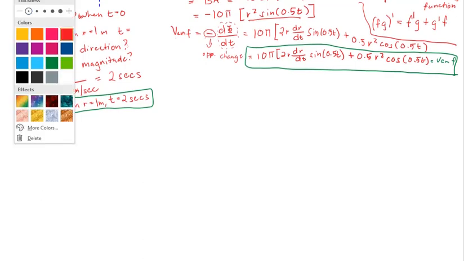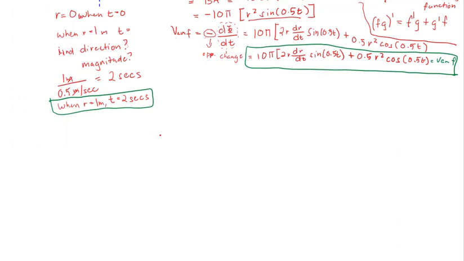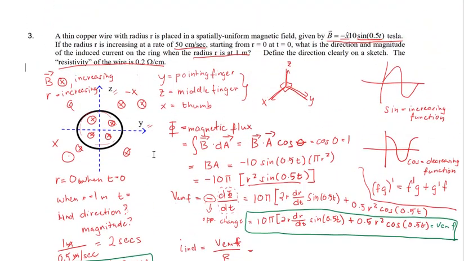So now that we have our VEMF, we can find I induced, and we can obtain that by dividing VEMF by R. So this is just like our Ohm's law, V equals IR, and to find I, we just need to divide V over R. So what is R?